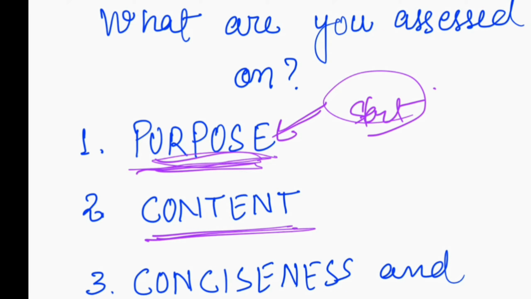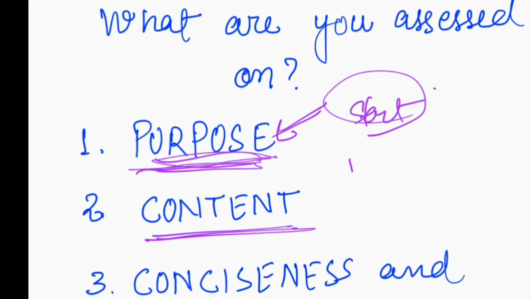Then coming on to the content. So content is whether all the necessary information is included and it is accurate for the reader or not. It is basically whether you have written all the necessary and relevant case notes into the letter or not, and whether we have expanded these case notes. And we have to remember that content will change depending upon who your reader is.